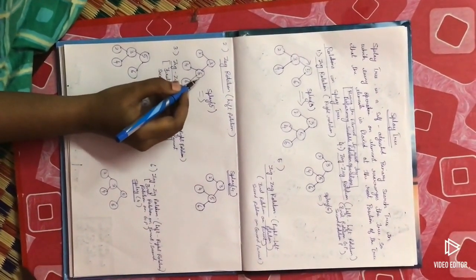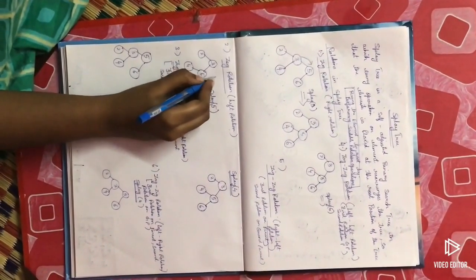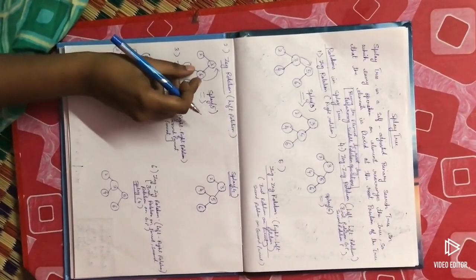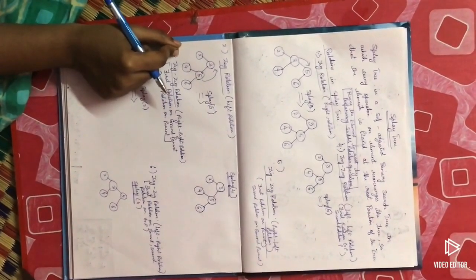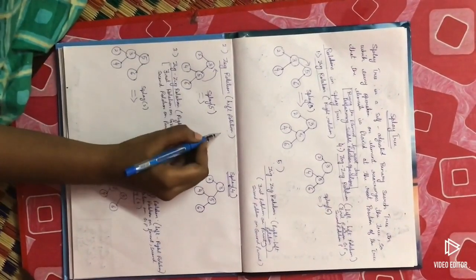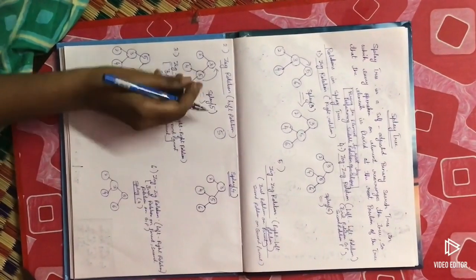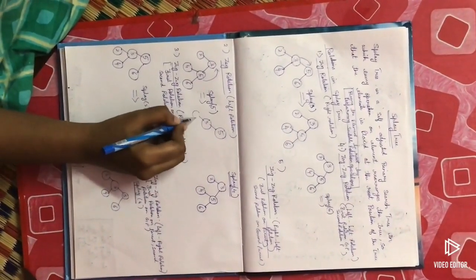So now I am rotating 5 to the root with a left rotation. If I rotate 5 to the root, what will happen? 3 and 2 will be pulled down. Now I will write 5 here and we will complete this.